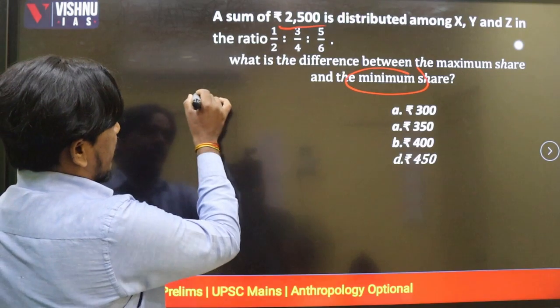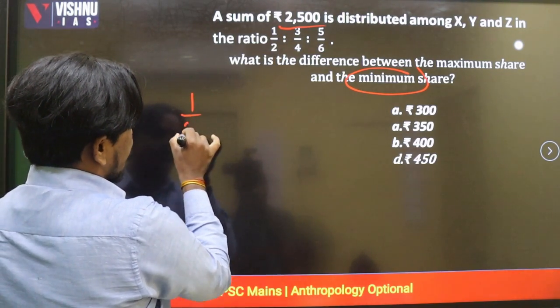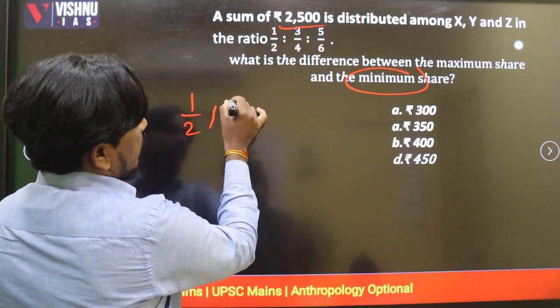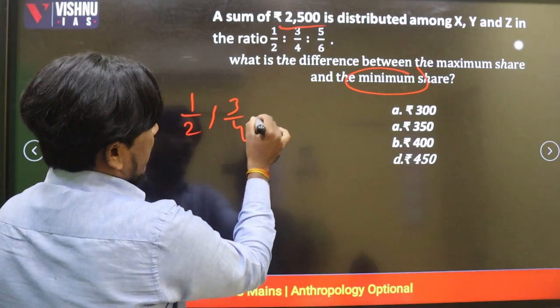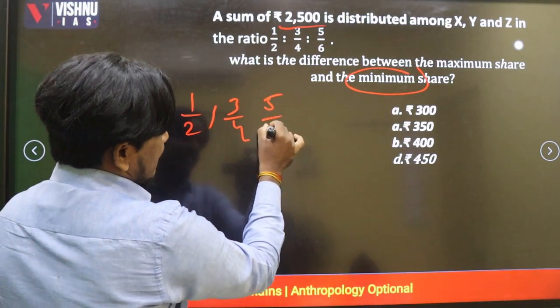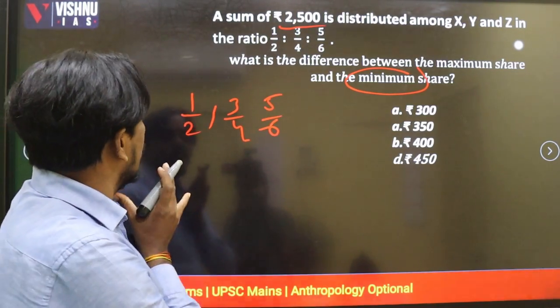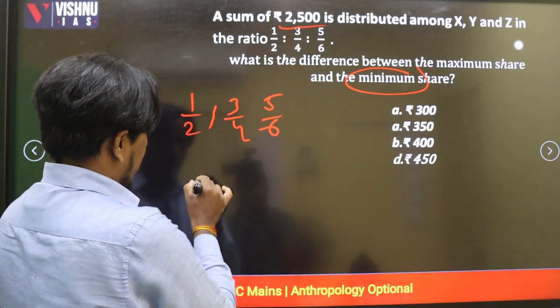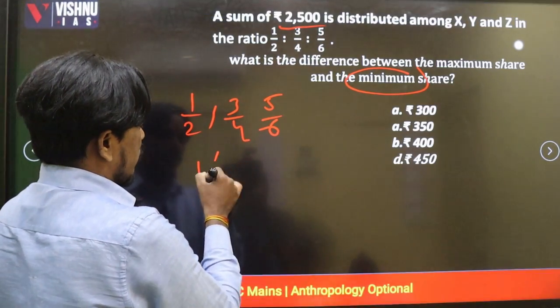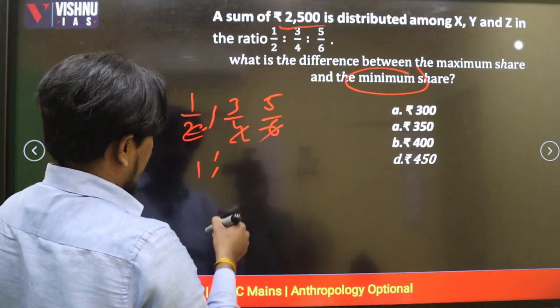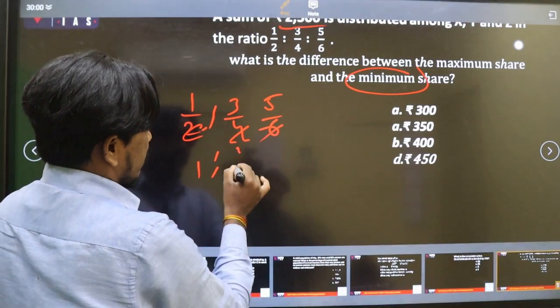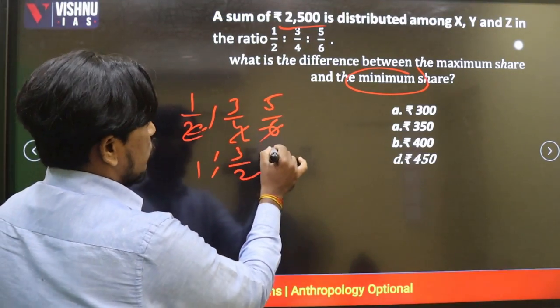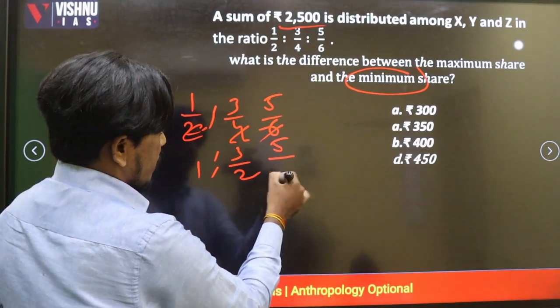Now in this case, whatever ratio they gave here, 1/2, 3/4 and 5/6, if you simplify, the ratio becomes 3/2 and 5/3.